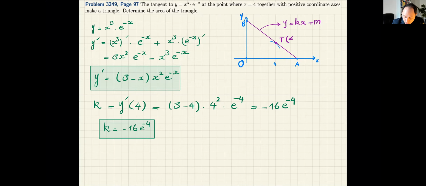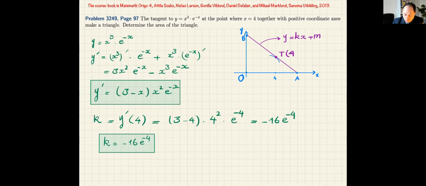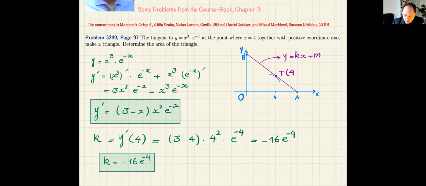X coordinate is directly given in the problem to be 4, but because this point lies on the graph, it means that if I want to find the y coordinate, I need to put 4 here. When I put 4 here, it becomes 4 to power 3, 64, e to power minus 4. So this is the y coordinate of the point of tangency. So let me write it here, 64 e to power minus 4.